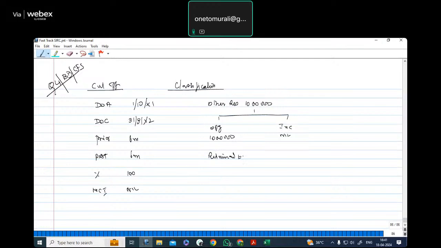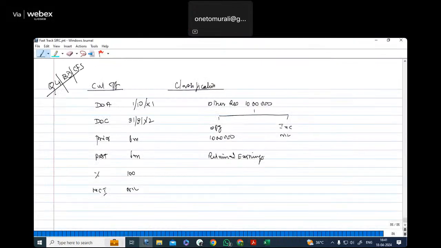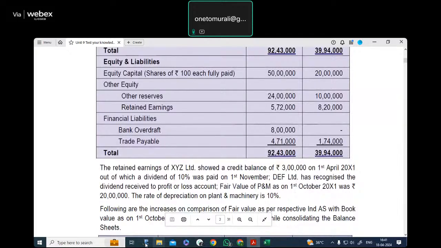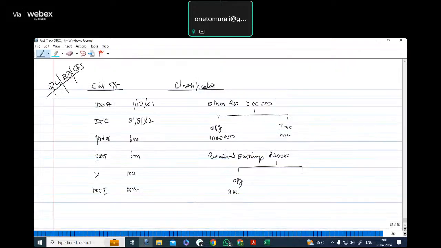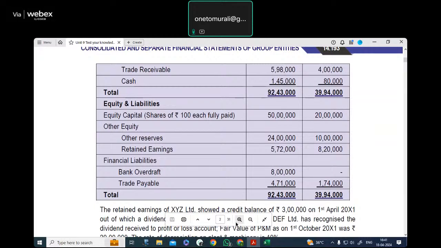Retained earnings, 820,000. Opening, what they mentioned is 3 lakhs opening balance, on which the dividend was declared at the rate of 10%. 10% on what? 10% on their capital of 20 lakhs.